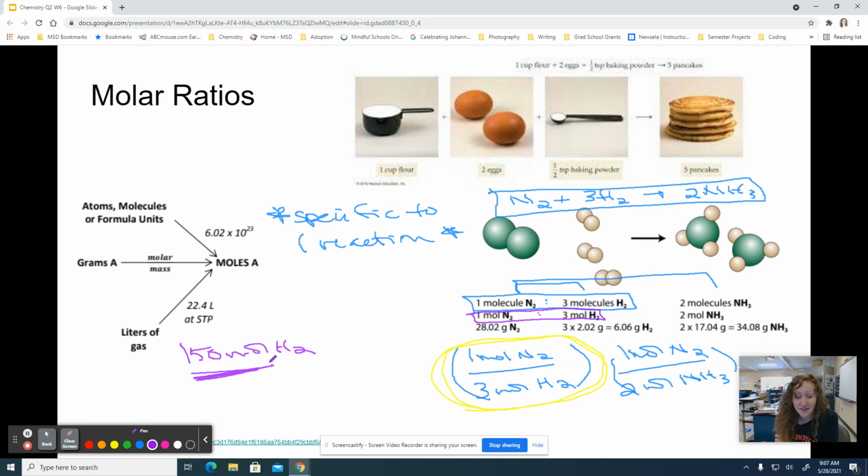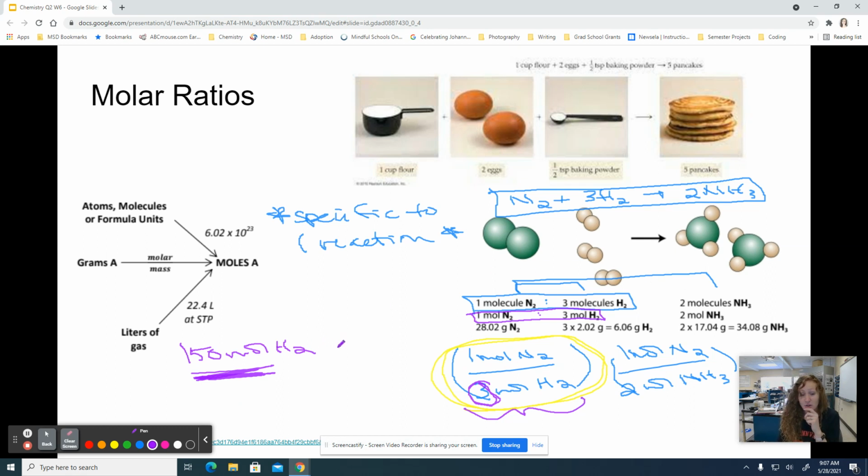Notice I have 150 moles of H2. I don't have 3. This conversion factor, remember, is the relationship that's always true. It's the consistent relationship. This 150 is my measured number or my given number or my number that's specific to this experiment only.